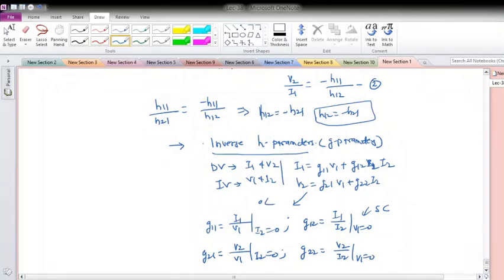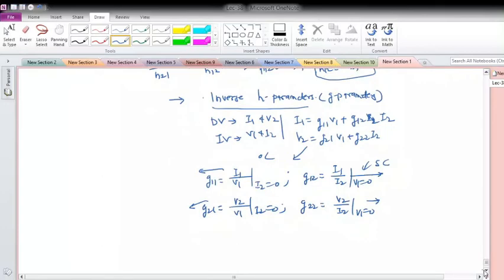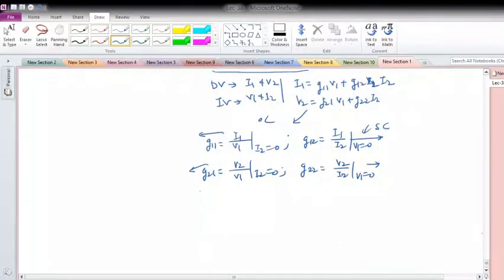Okay, so what is this basically? This is the short circuit reverse transfer current ratio. This is the driving point impedance. This is the driving point admittance, and this is the transfer function voltage ratio. Also, G parameters can be obtained from H parameters by taking the inverse.